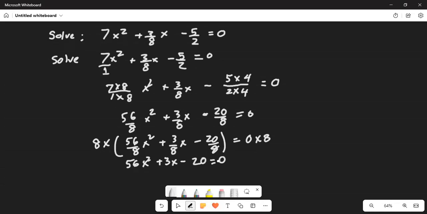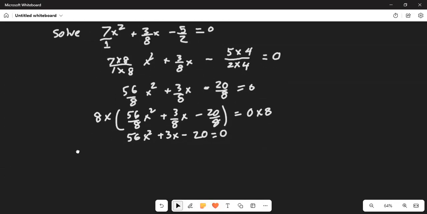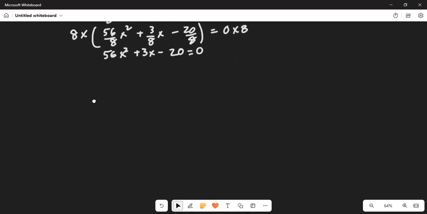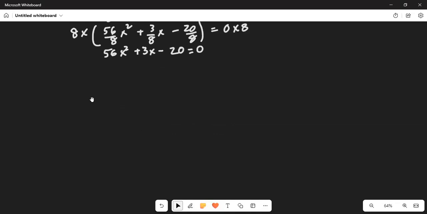Now I will use the quadratic formula to solve this equation. So let me create some space. My common form of a quadratic equation is ax squared plus bx plus c equal to 0.